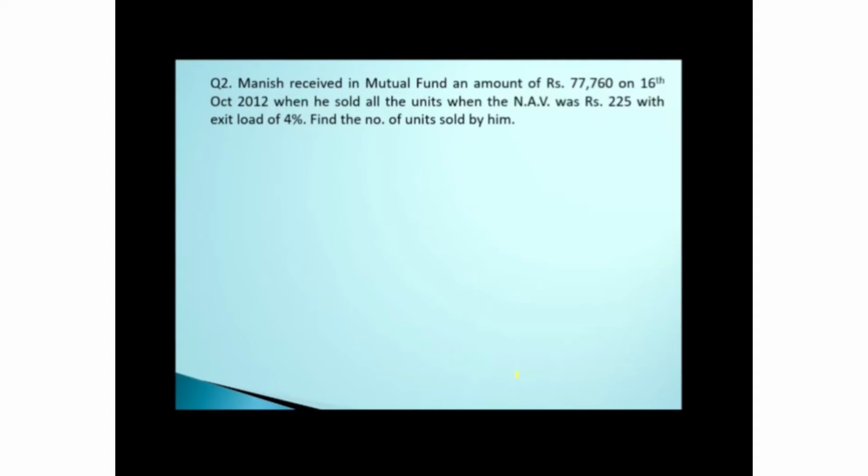The question is, Manish received in a mutual fund an amount of rupees 77,760, and that is happening on 16th October 2012, when he sold all the units when the NAV was rupees 225, and this time the percentage of the exit load they have given is 4 percent. Once again, it got sold by them. But first of all, just take down the question.